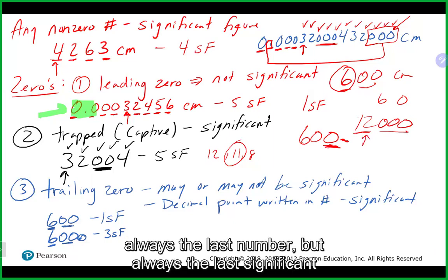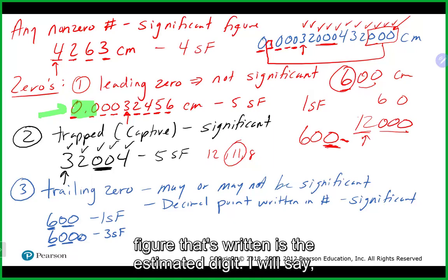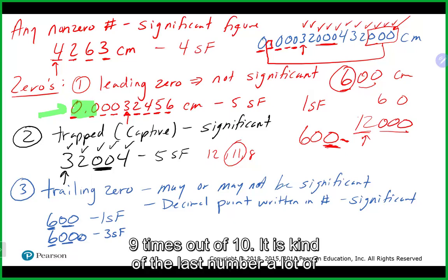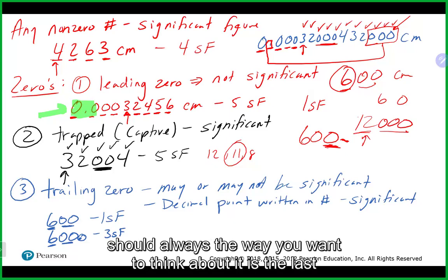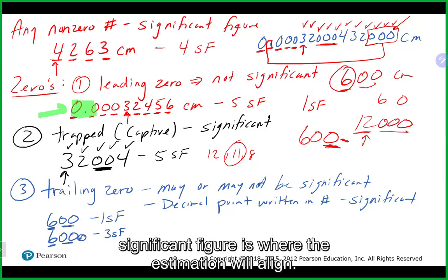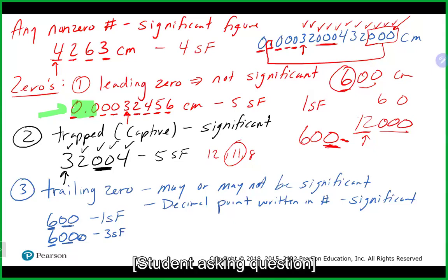Again, not always the last number written, but always the last significant figure. I would say 9 times out of 10 it is the last number, but not always. The way you want to think about it is that the last significant figure is where the estimation will lie.